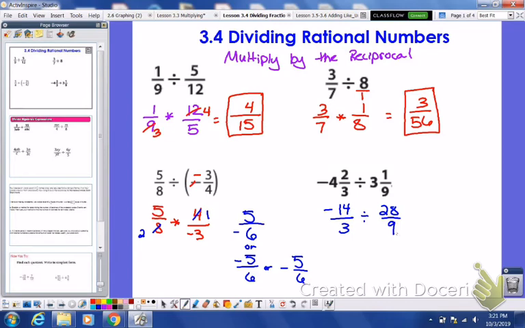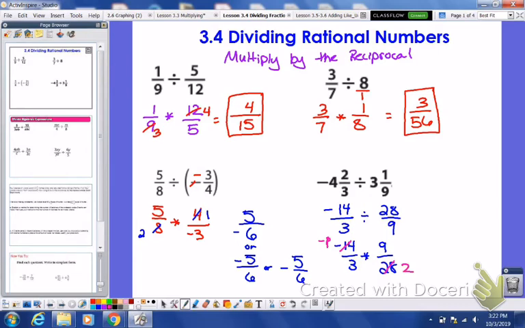Now we multiply by the reciprocal. So -14 over 3 times 9 over 28. I definitely want to reduce at the beginning here. I see 14 and 28, both divisible by 14, so this becomes -1. 28 becomes 2.